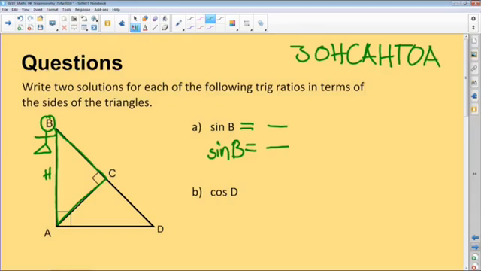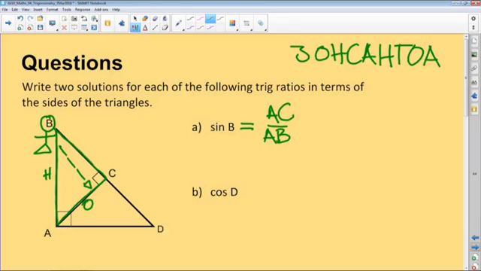Let's look, and she's looking across the room and she sees the opposite line is actually AC. So that means sine B can be equal to, and let's just give ourselves a little bit of space, AC over AB.